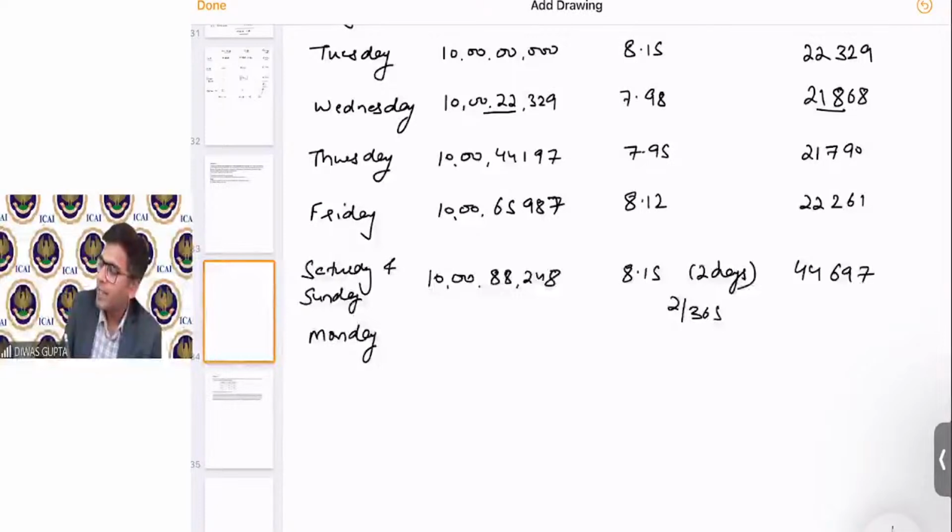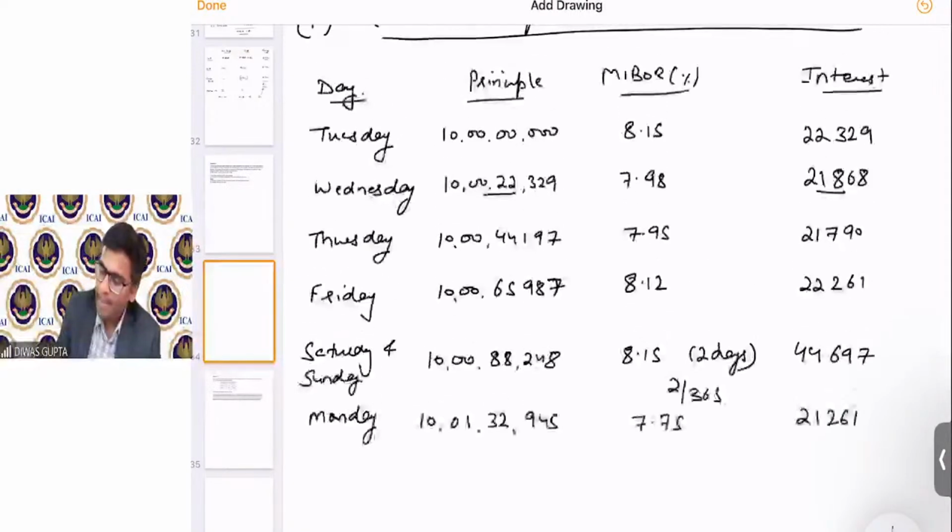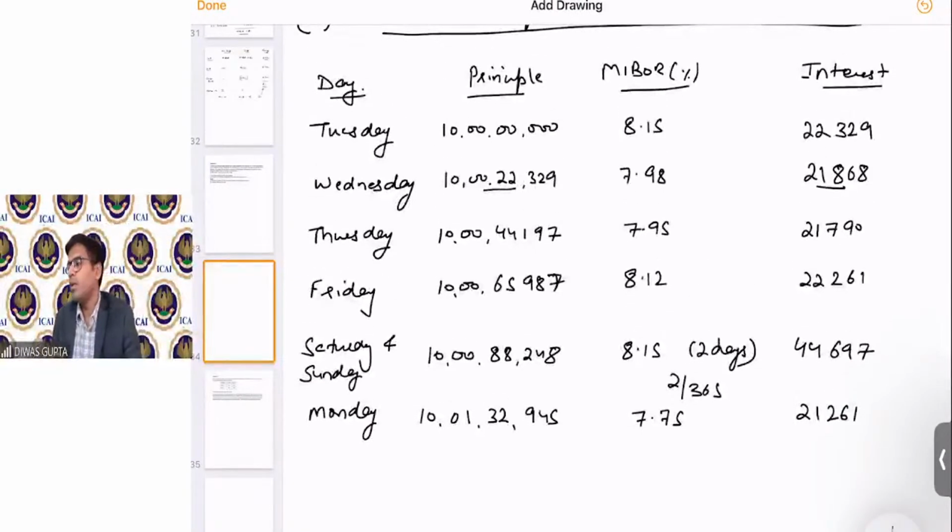And last, for the Monday, it becomes 10 crore, 1 lakh, 32,945. And it becomes 7.75 percentage. So this becomes 21,261.